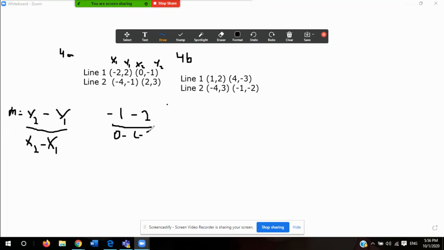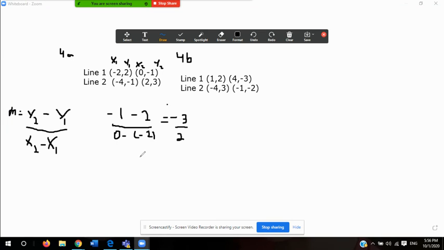We're going to add that. -1 minus 2 is -3, and 0 minus -2 is positive 2. So the slope of line 1 is -3/2.